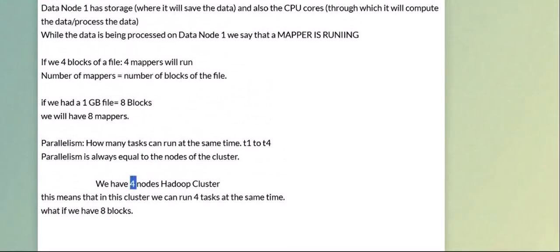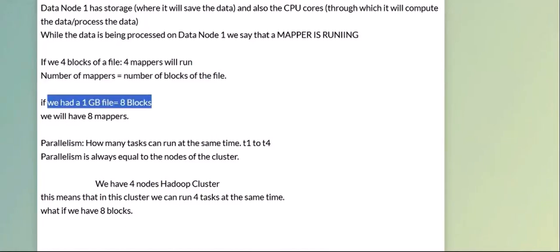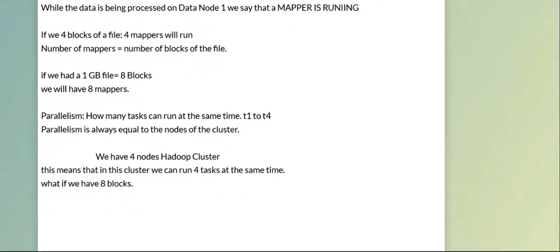And what is mapper? Mapper is actually a task. But how many mappers will run? This is determined by the blocks of that file. If we have 8 blocks, we will be having 8 mappers. But how many mappers will run at the same time is determined by the parallelism.